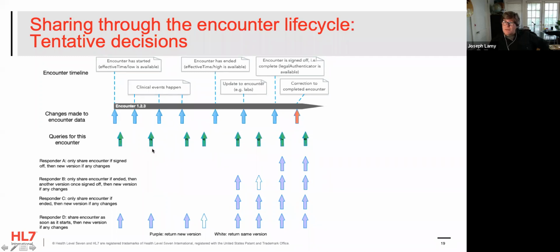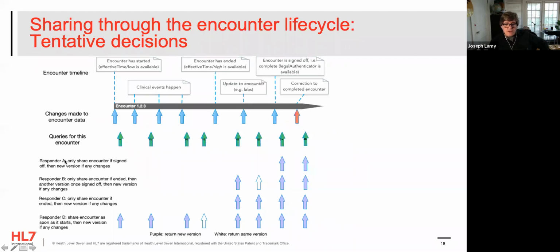So this is a little bit out of this group's realm, but this would be like, I'm looking for encounter documents that are within this date range, and so it's a query that could conceivably return this encounter. And so we asked the group, for which of these queries, 1 through 8, should it be a may or a should or a shall that you'll return a document in the life cycle of the encounter?